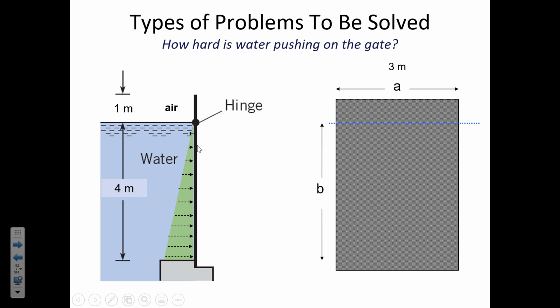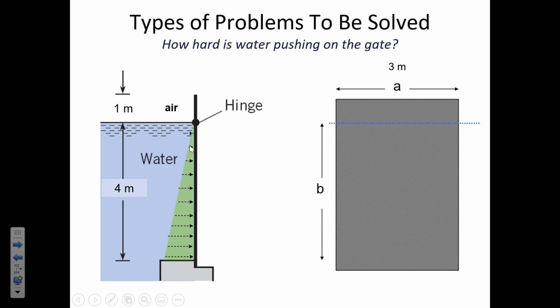The unit weight of water, 9810 newtons per meter cubed, is the same thing as saying that pressure increases by 9810 newtons per meter squared per meter of depth. So the slope of this line tells you how quickly the pressure is increasing. If you go down a depth of 1 meter, the pressure at that depth is 9810. You go down another meter, and the pressure increases by another 9810.